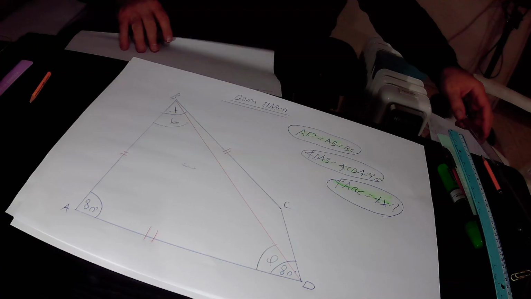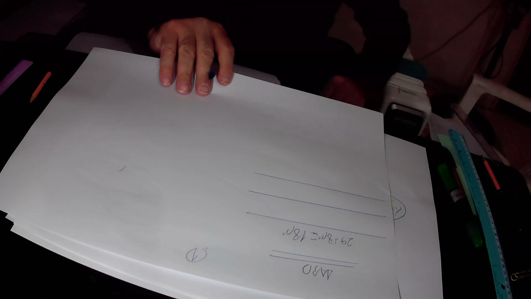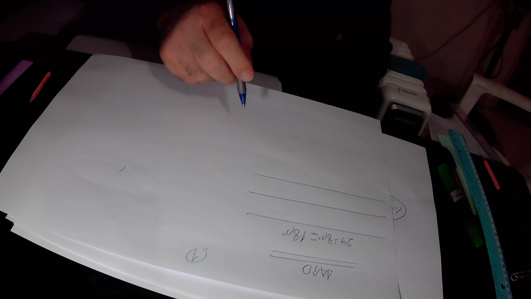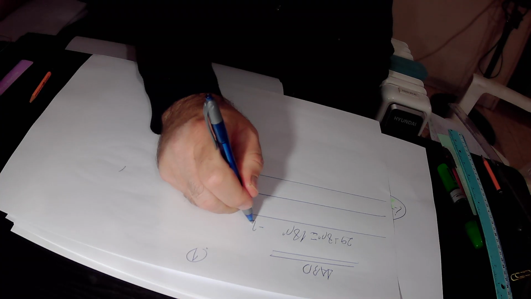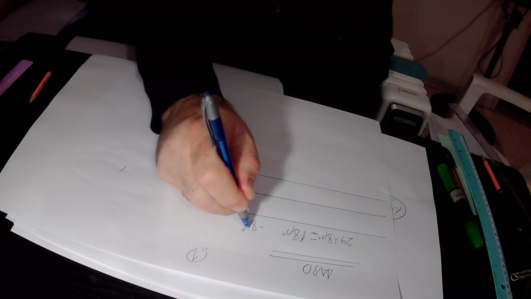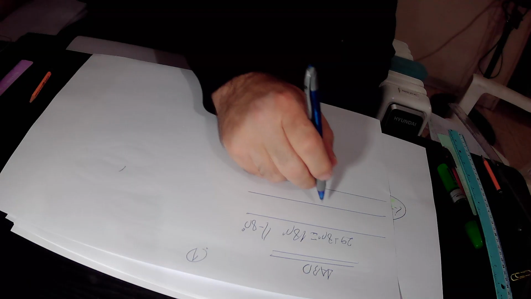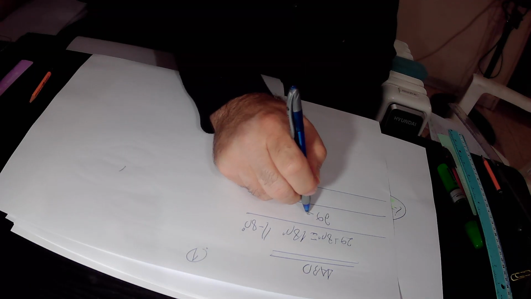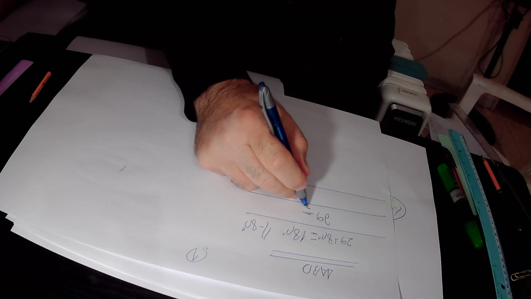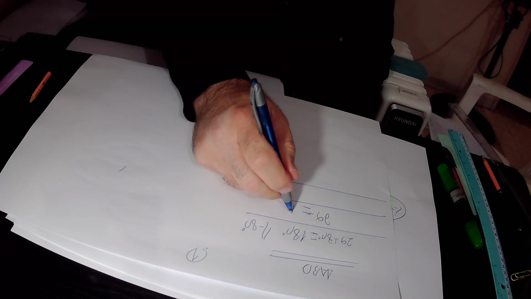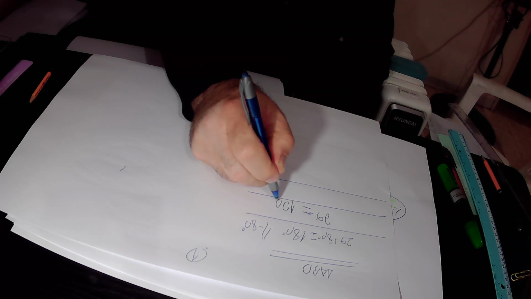And again, in triangle ABD, the sum of its three angles must be equal to 180 degrees. 2 alpha plus 80 degrees equals 180 degrees. Here we subtract 80 degrees from this equation, and we get that 2 alpha equals 180 degrees minus 80 degrees, which is 100 degrees. So 2 alpha equals 100 degrees.